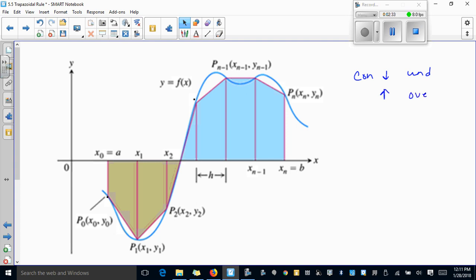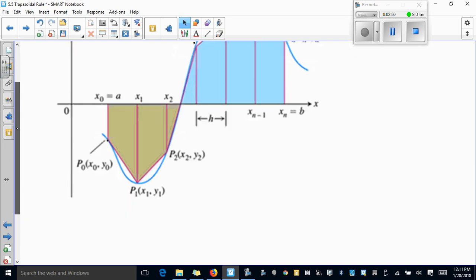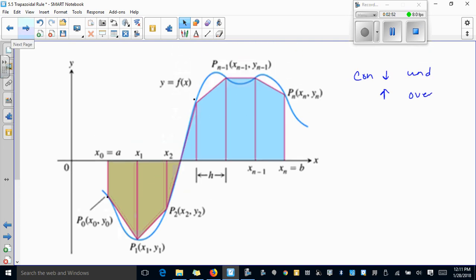Now, don't be fooled. Down here where it's below the x-axis, it's concave up, but you're getting an underestimation because it's below the x-axis. So these are flip-flopping. Don't worry too much about it. We're going to go through this, and you'll be able to tell if you're getting an over or underestimation.